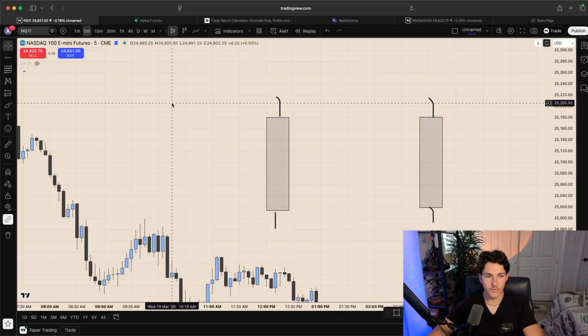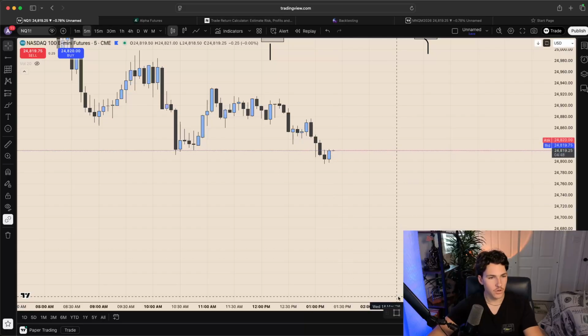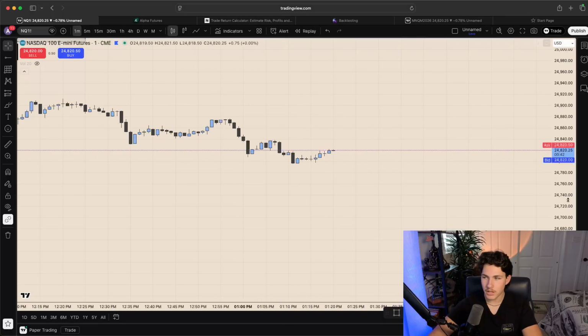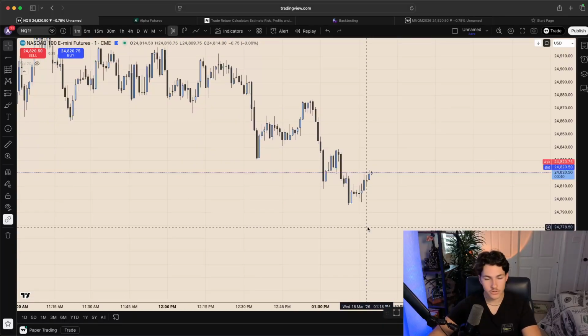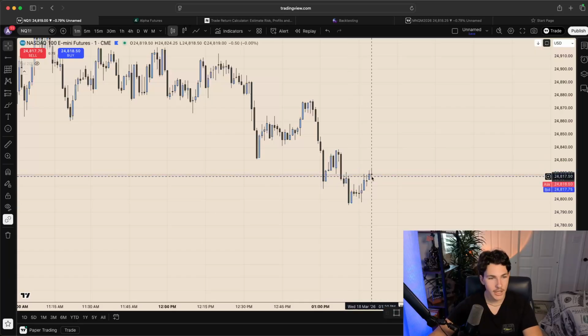Each candle is an interval of time. You can see this right here: over here, you have 4 minutes and 54 seconds. Each one of these candles represents 5 minutes because we are in the 5-minute time frame. You can see that on the top. If you go down to the 1-minute, the candlestick chart is going to look a little bit different because each candle is 1 minute instead of 5 minutes.